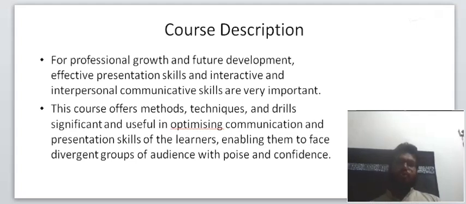This course offers methods, techniques and drills. Drills are different practices and exercises, significant and useful in optimizing communication and presentation skills of the learners, enabling them to face divergent groups of audience with poise and confidence.